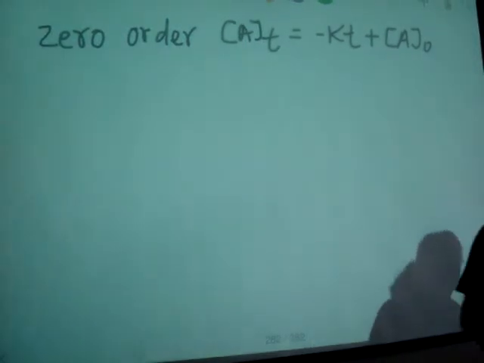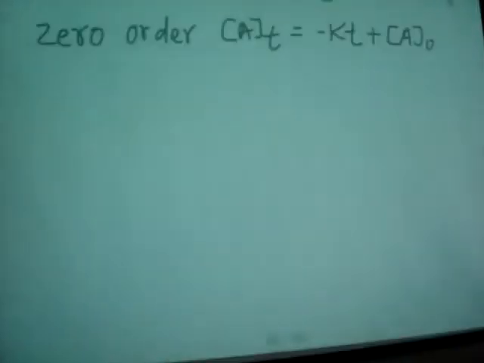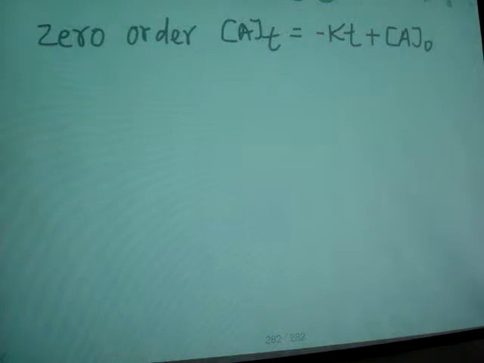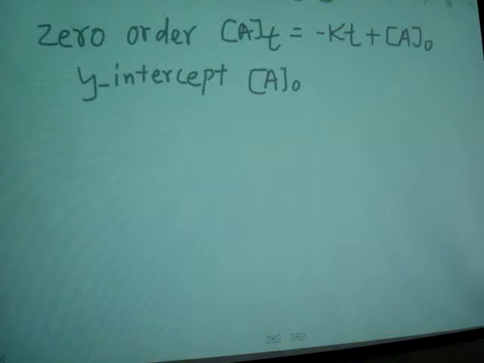For a zero order reaction, the concentration of A at time t equals minus kt plus A0. When you compare this equation with a straight line, the y-intercept is A0.